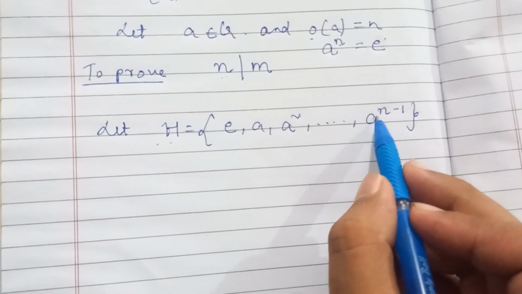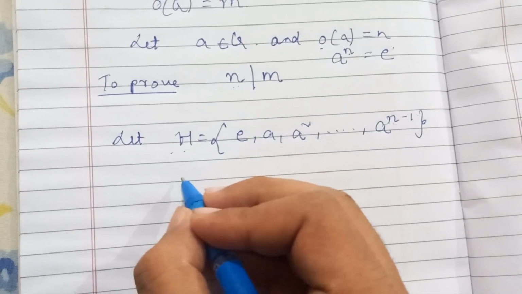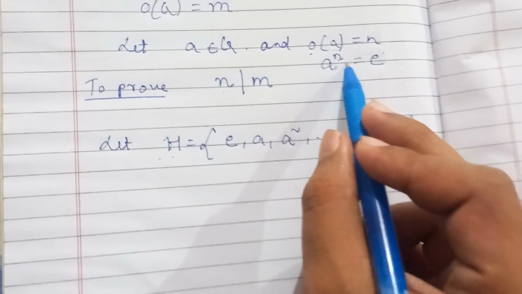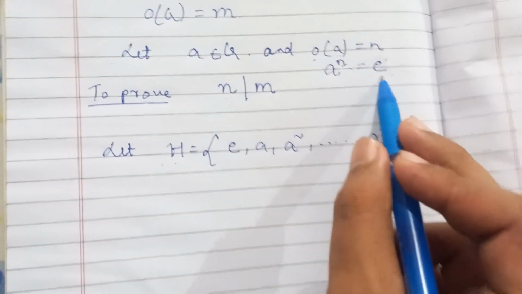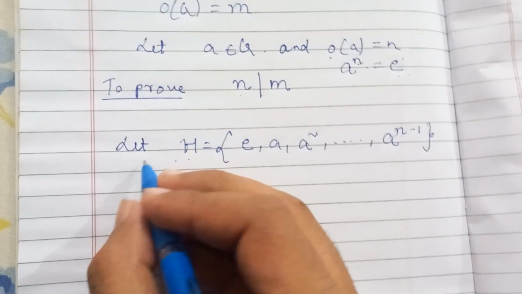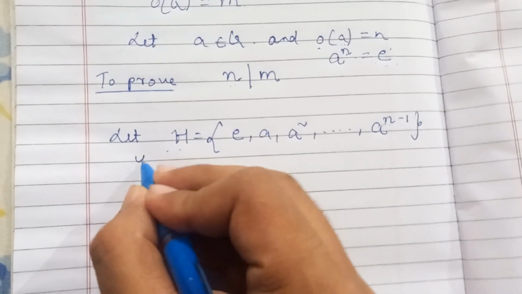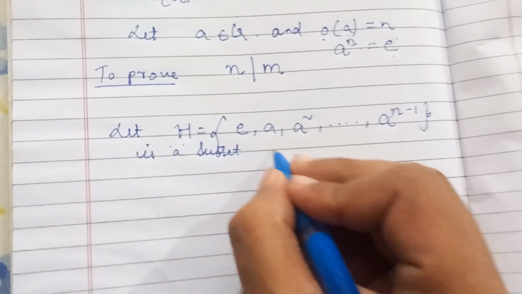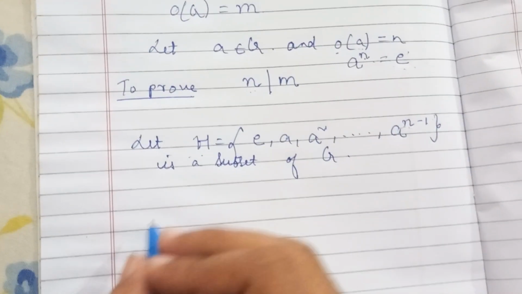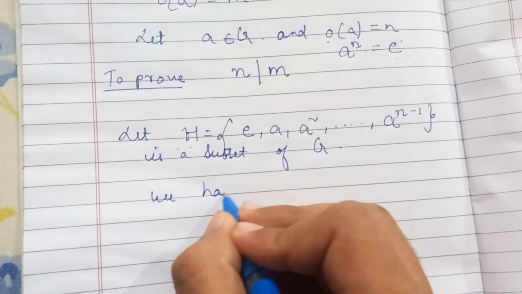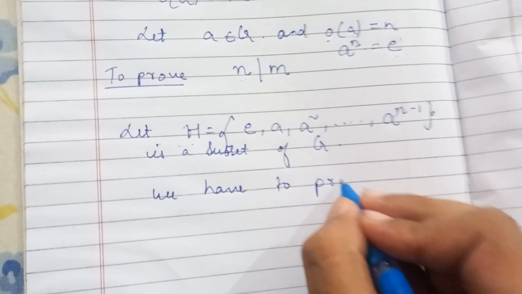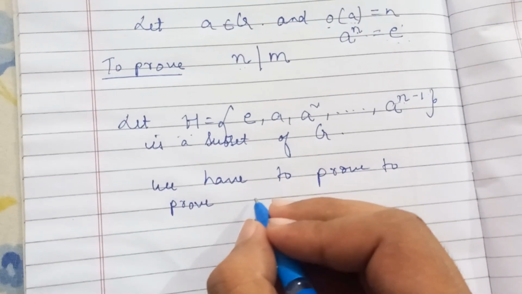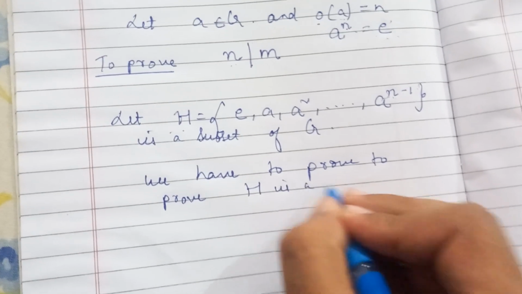Here we have taken n minus 1 since the order of a is n, so if we take a to the power n, it will become the identity element itself. So this is a subset of G. Here we have to prove H is a subgroup of G.